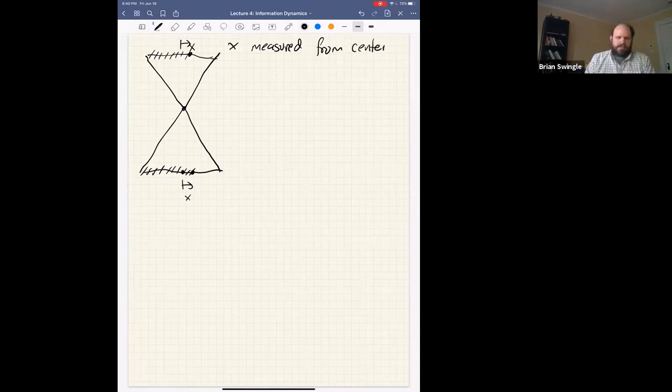So just as before, if X were equal to minus a number, which is half the width of this cone, then the entropy would be 0. When X is equal to 0, we have a picture like this, and you would expect the minimal curve to just do that.